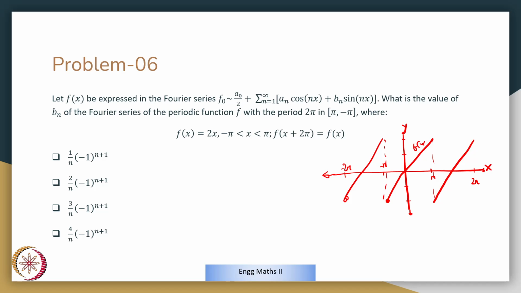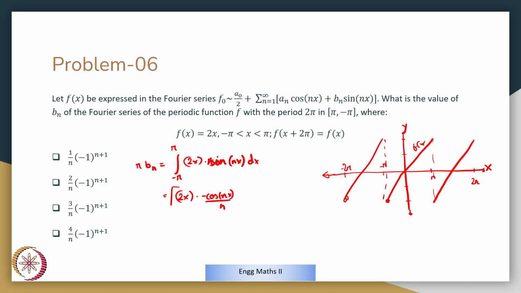So with this in mind, we calculate bn. Pi times bn is integral from minus pi to pi 2x into sine of nx dx, which is nothing but 2x into minus cos of nx by n.